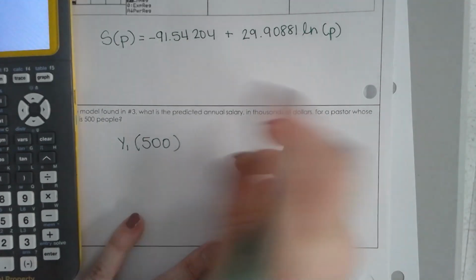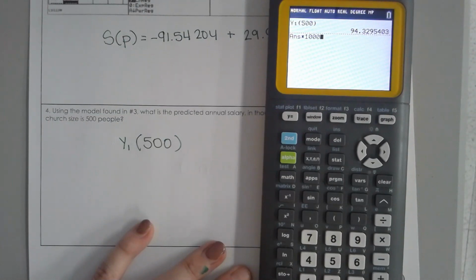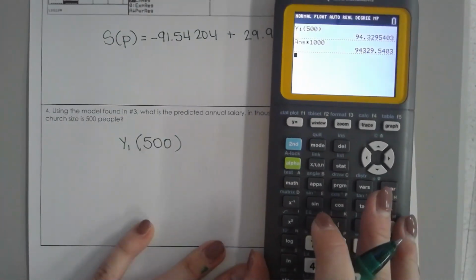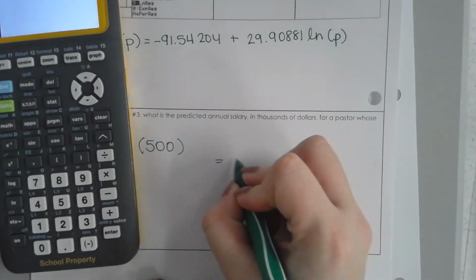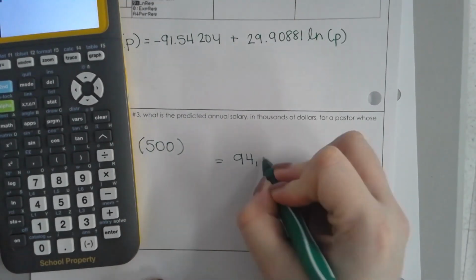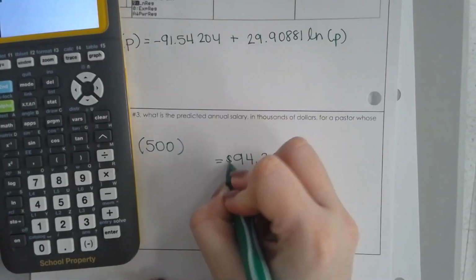I don't know how they expect your answer to be. If you multiply this by 1000, technically, it's $94,329.